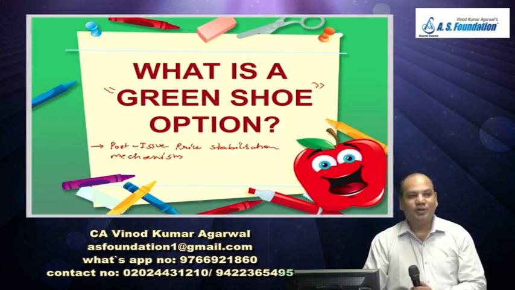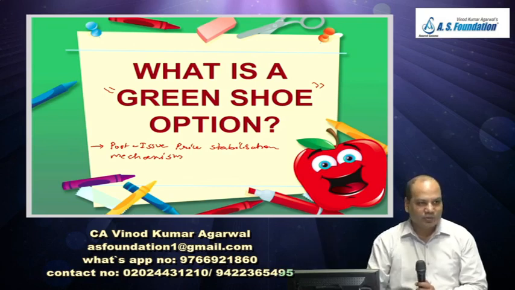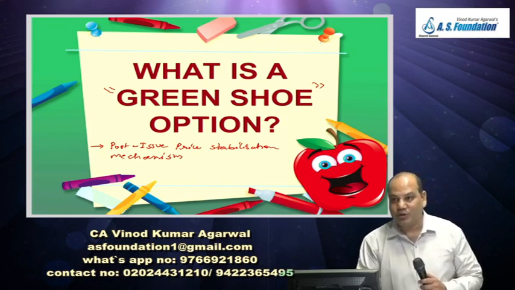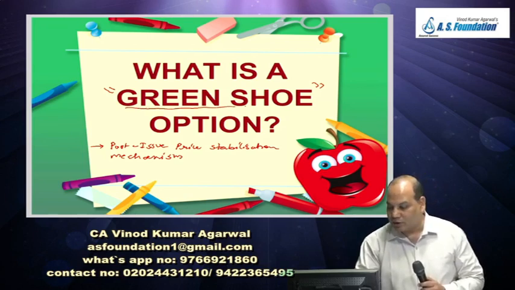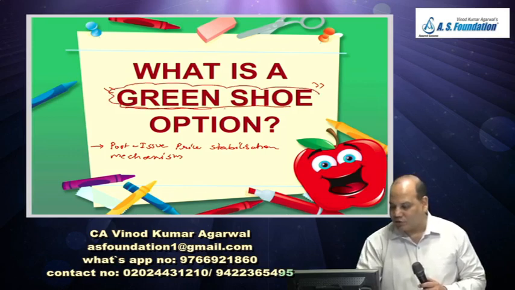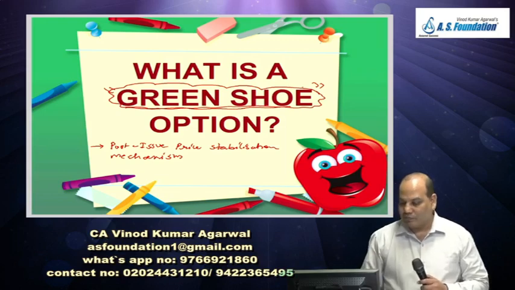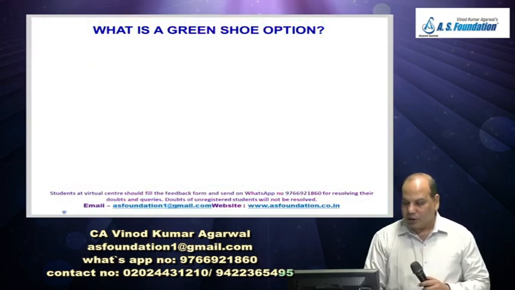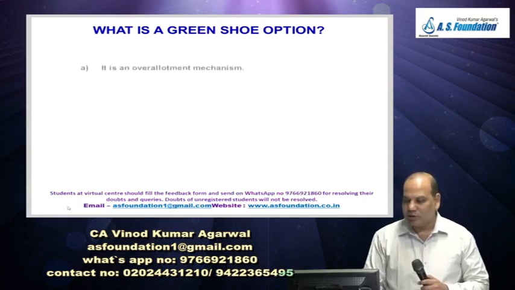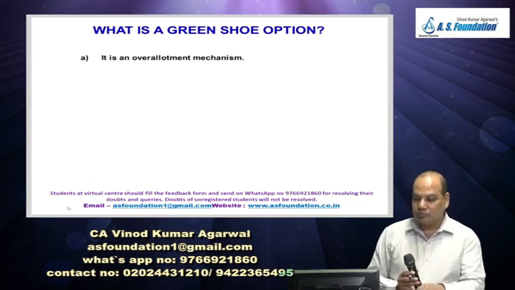The name of that company was Green Shoe, some private limited or Green Shoe Limited, let us say. That is the first company to use this mechanism, and after the name of that company, this option is called Green Shoe option. The name of this company has been changed in the last few years, so don't bother. But if you're curious why Green Shoe option, the reason is it was first issued by a company whose name was Green Shoe.